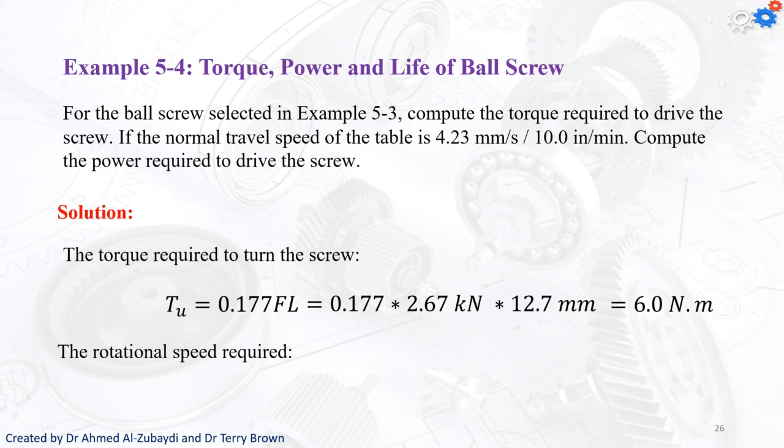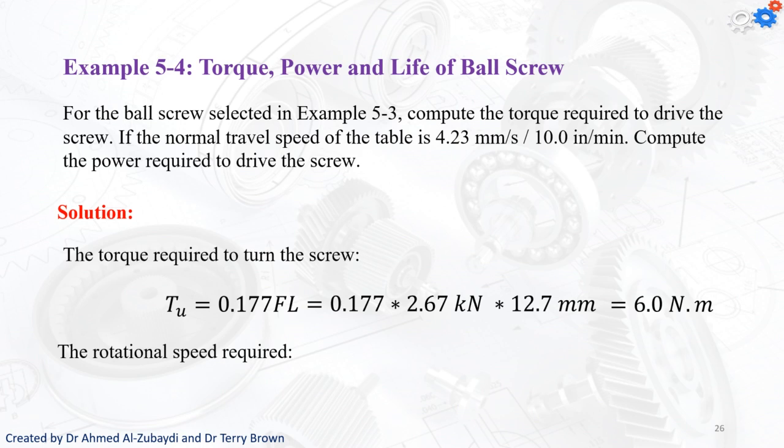That's the torque. Now the rotational speed can be calculated because we know we have two threads for every 25 millimeters, and the lead L value is 12.7.